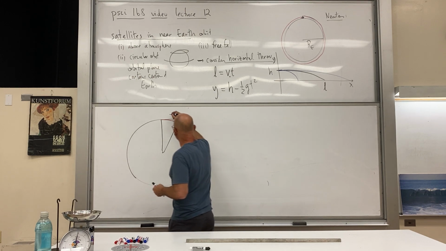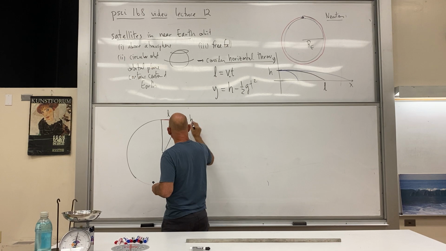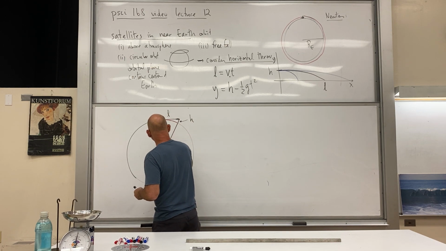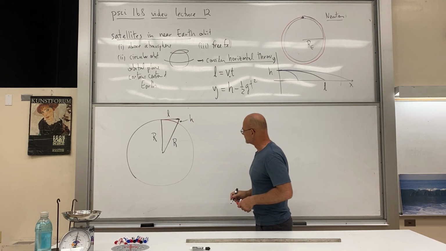I label this L. This little bit here is my H. This is the radius, and of course this is also the radius of Earth from there to there.